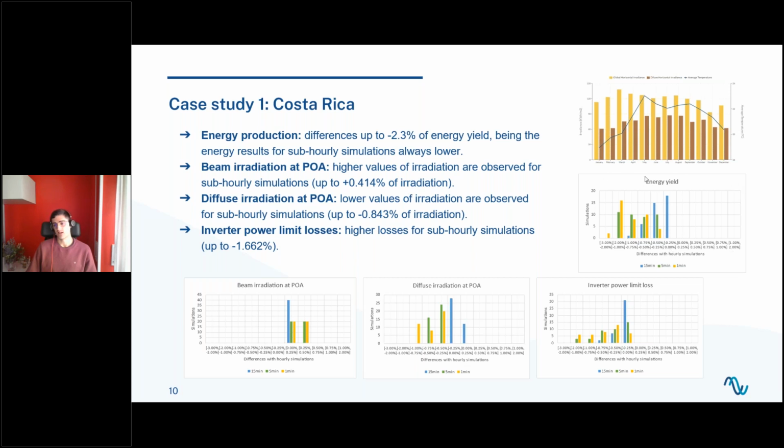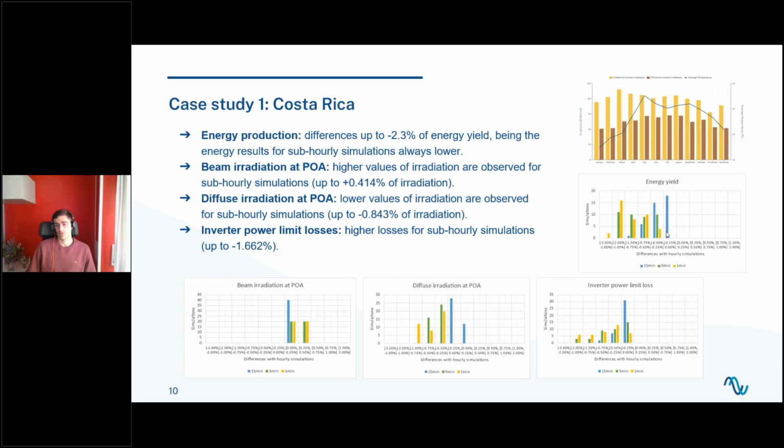If we see the graph that we have at the right side of the slide, we can see the distribution of the simulations within the different percentages. So here, positive values will mean that we have more energy for sub-hourly simulations. Negative values will mean that we have less energy for sub-hourly simulations. And then in different colors, we have also represented the different time resolutions for sub-hourly meteorological data.